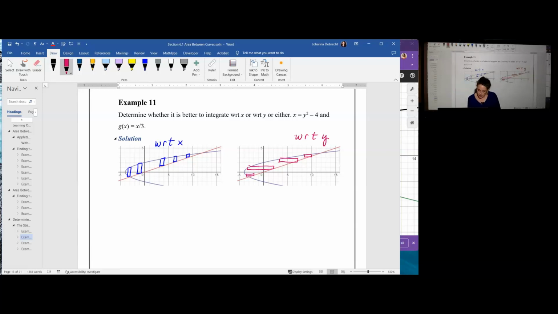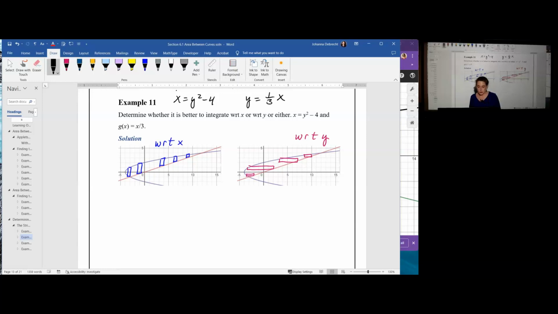If I wanted to integrate with respect to y, I need to find the intersection points. Let's go ahead and write down the equations so we can find them. We have x equals y squared minus 4, the right opening parabola, and y equals 1/3 x, the line.